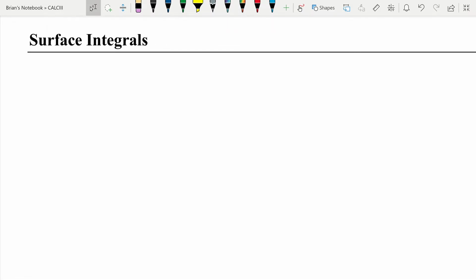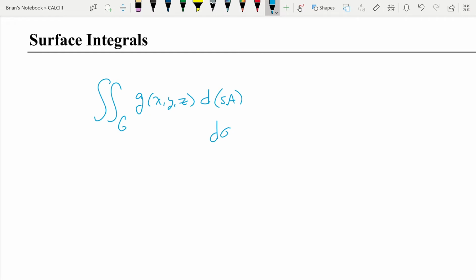But thinking about Calc 3. All right, let's look at it. So you guys saw this equation, and we'll write it down before we use it. We talked about G. That just means a surface. For some reason, we use the letter G. G of x, y, and z, and then it's like a d of the surface area, or d sigma is usually used.